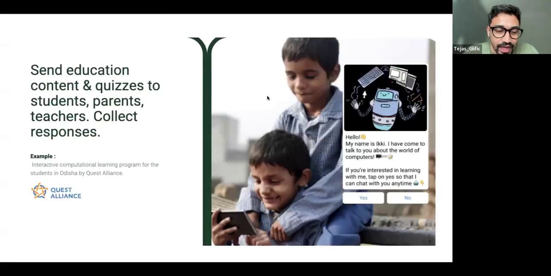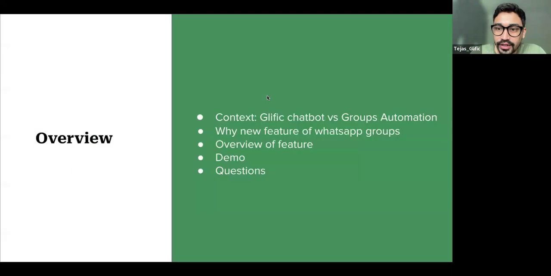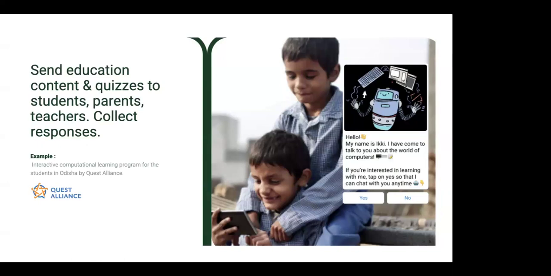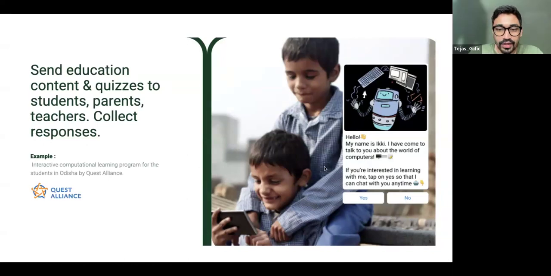So, starting with the context of what a chatbot is versus what groups automation is. As you all must be aware, 90% of you who have joined today already have a Glific platform and a chatbot. What a chatbot means is that your organization has a phone number and you can reach out one on one with the contacts that you have.